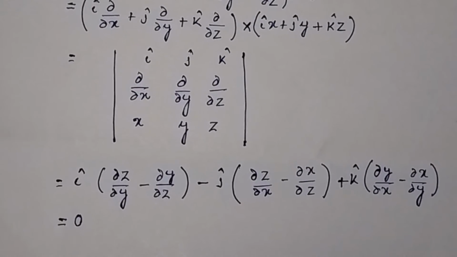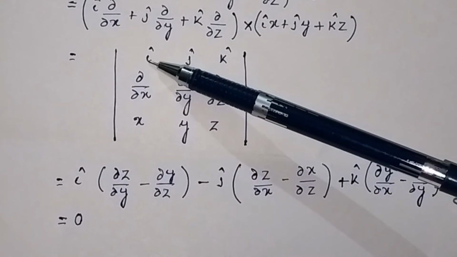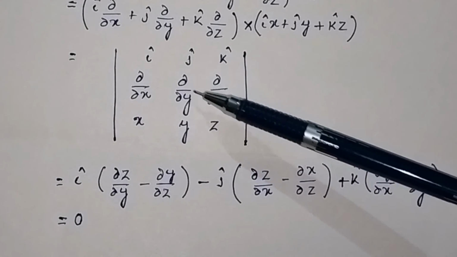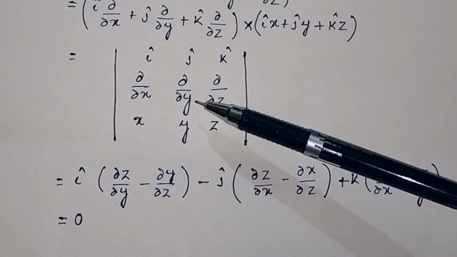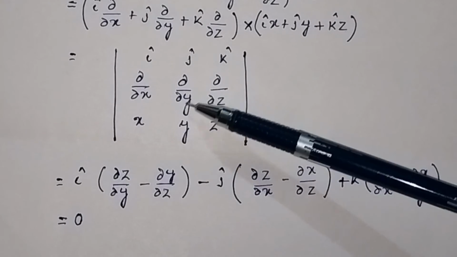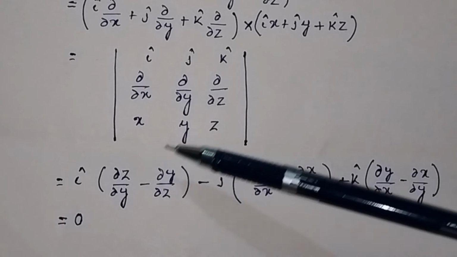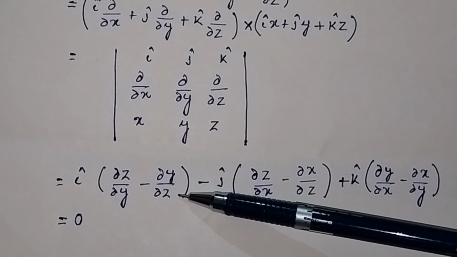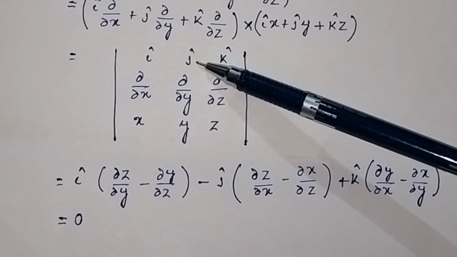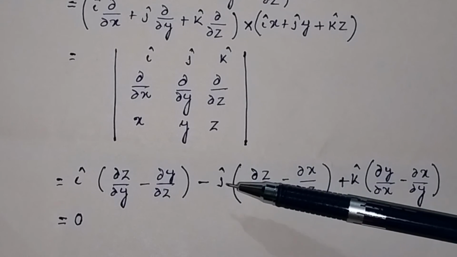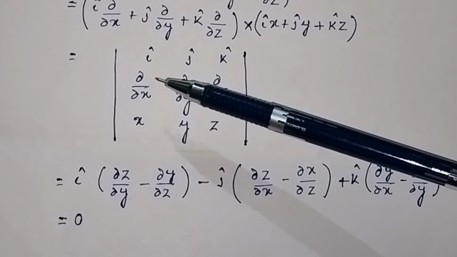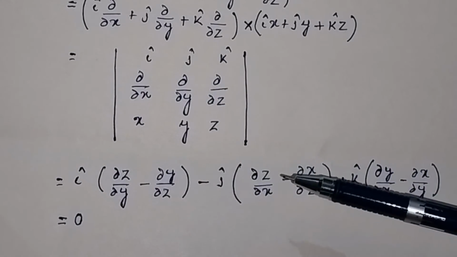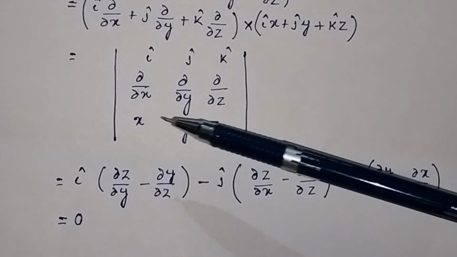If you find out the determinant, then for this column and row, that is i cap, you have partial derivative of z with respect to y, the first term, minus partial derivative of y with respect to z, the second term, minus j cap, the second term, into partial derivative of z with respect to x, minus partial derivative of x with respect to z.